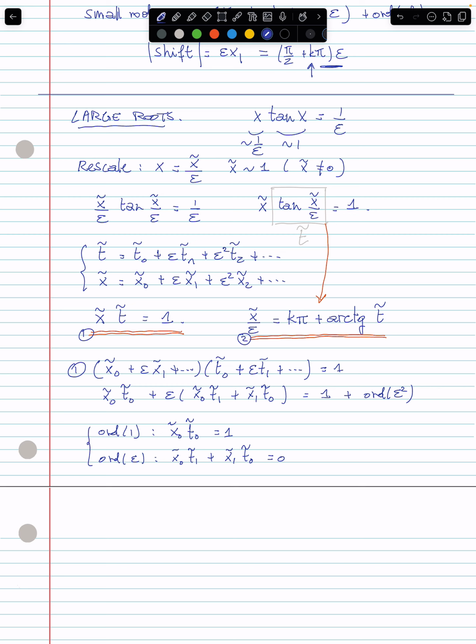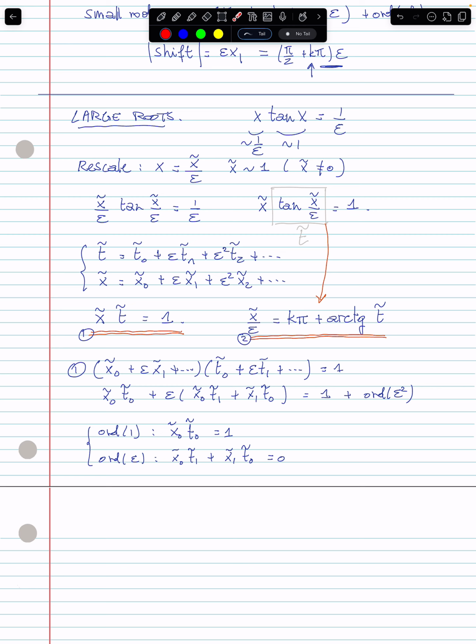So we already have two equations at leading, one equation at leading with two unknowns, but I do expect that the leading expansion of the other equation would provide us a second equation here involving x0 and t0, and I will just have to solve these two equations to get x0 and t0.